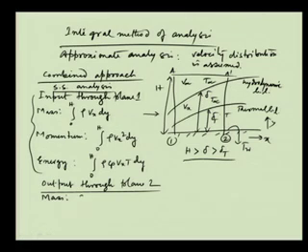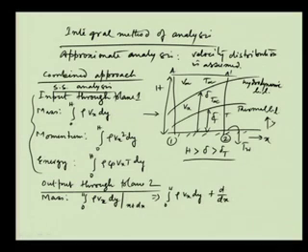So we write the integral from 0 to h of rho V x dy at point x plus dx, and as we know from the Taylor expansion, this is the integral from 0 to h of rho V x dy plus d dx of the integral from 0 to h of rho V x dy, whole into dx. So that is the output mass.